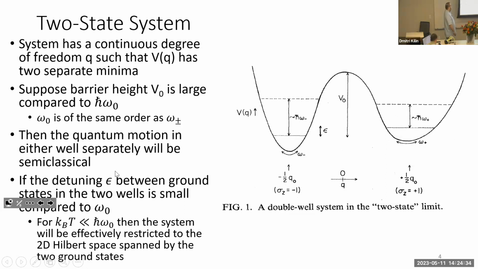And what you have is slightly different degrees of omega between the excited and the ground state in these two wells, which is denoted by this epsilon here.